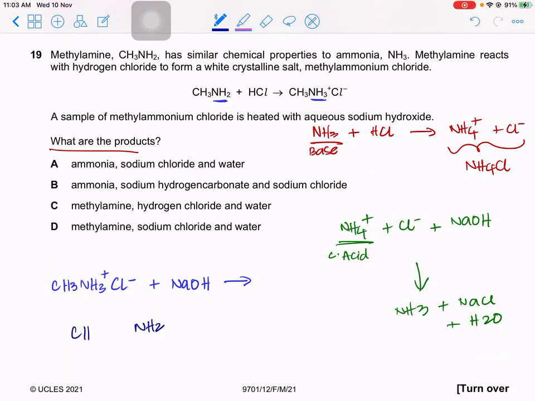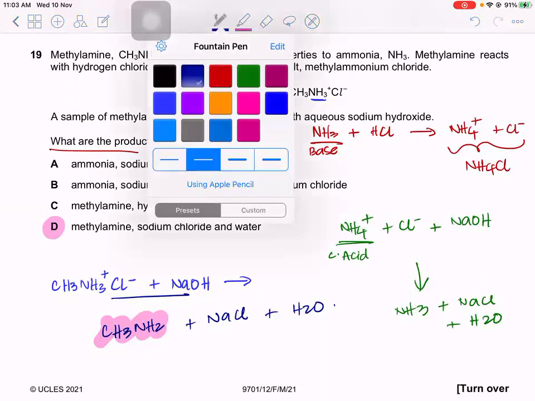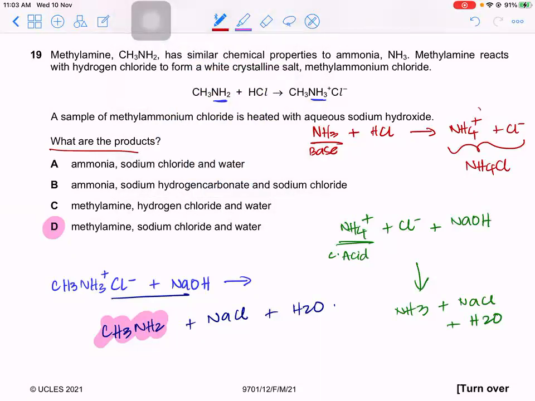So it will become CH3NH2, which is called methylamine. What else will we get? We will get NaCl. What else will we get? H2O. The answer therefore is D. You won't get ammonia. You were getting ammonia with ammonium ion, because ammonium ion loses a proton and becomes NH3. But here, NH3 will lose a proton and become NH2. Clear?